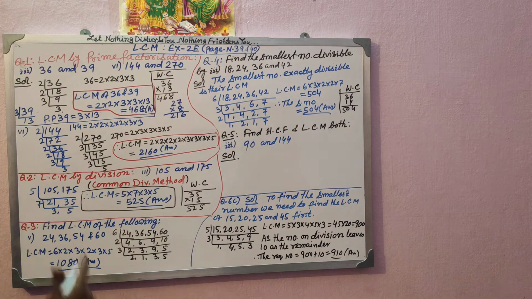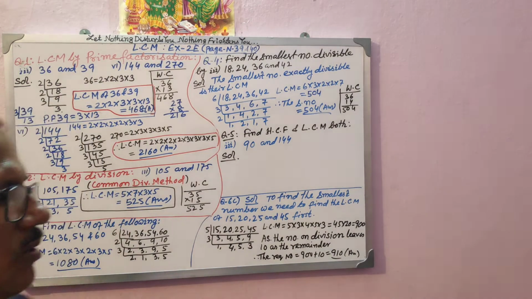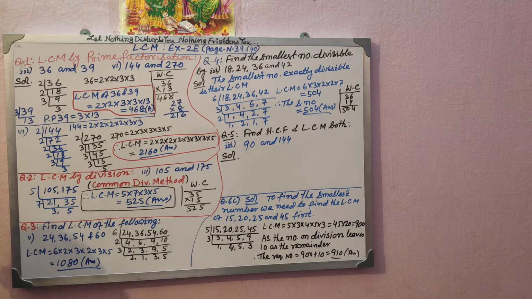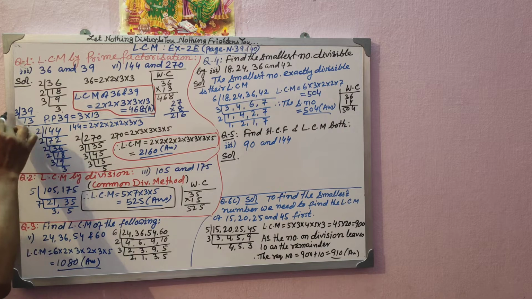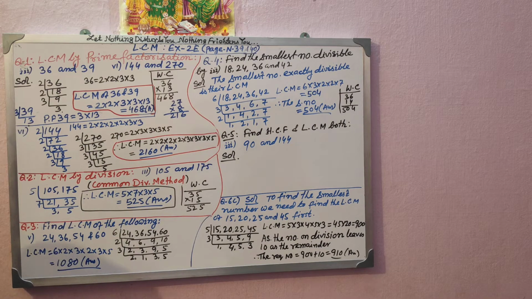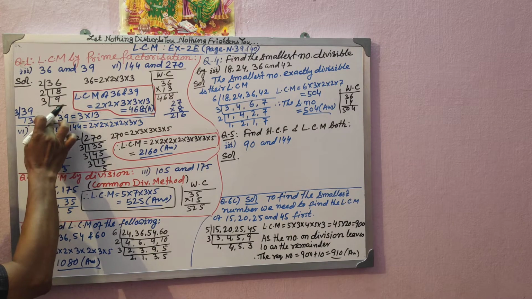Do 39 similarly. It has only 2 factors other than 1 and itself, because it can be divided only by 3 and 13. 3 thirteens are 39. It cannot be divided further because 13 is a prime number. So 39 can be written as 3 into 13.